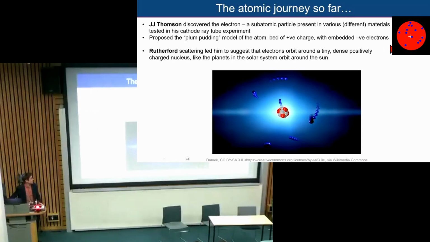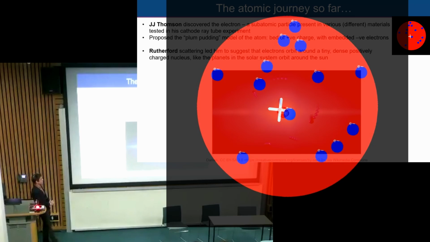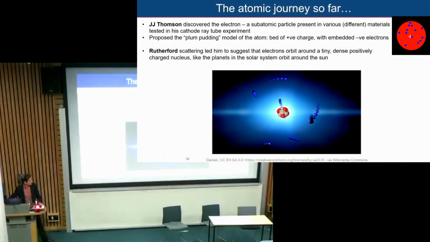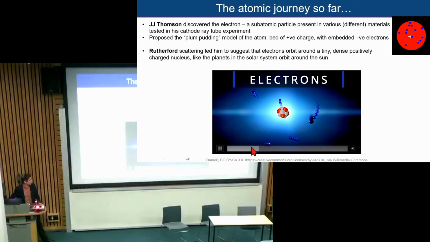was no longer this huge bed of positive charge with embedded subatomic electrons, but instead the assumption was that there must be an incredibly dense core to the atom called the nucleus, and then those negatively charged electrons are orbiting around that nucleus.